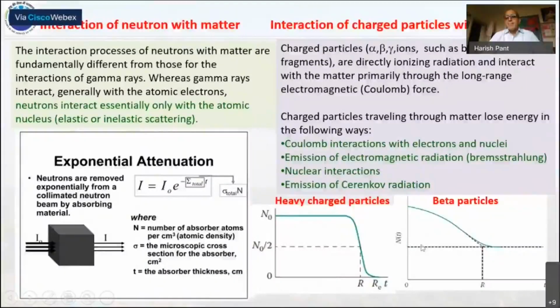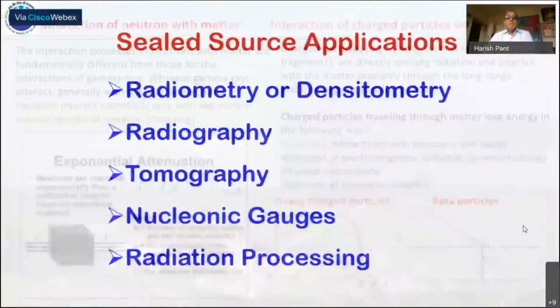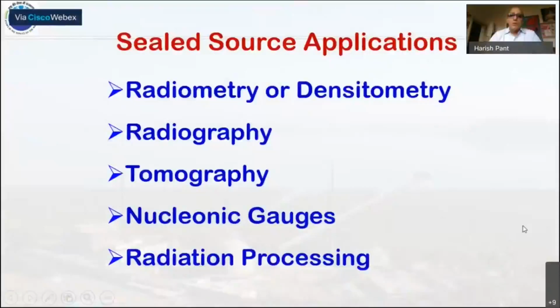In the same way, this is the beta particle, how they travel within the object. Now, this was a brief discussion about how radiations interact with matter. All the sealed source applications are based on the interaction of radiation with the material, that is, the attenuation of the radiation.